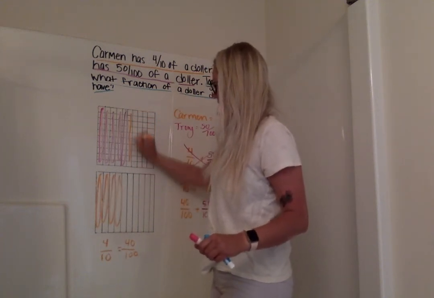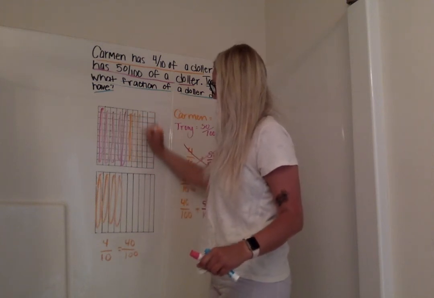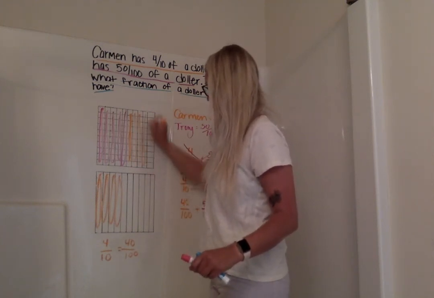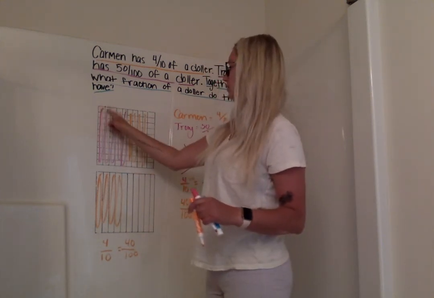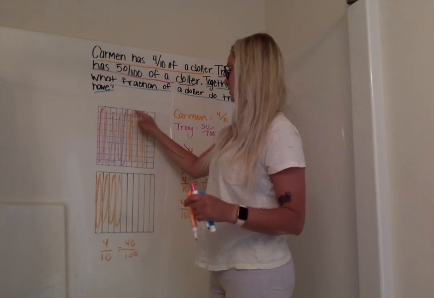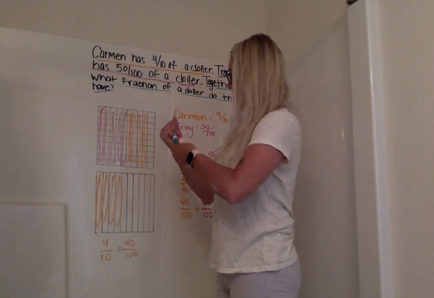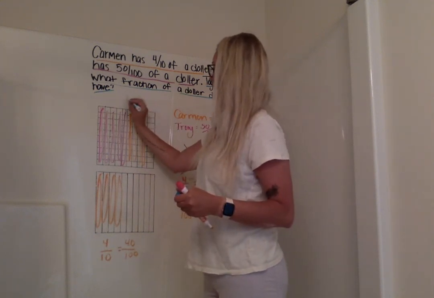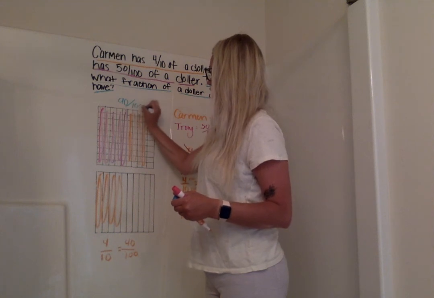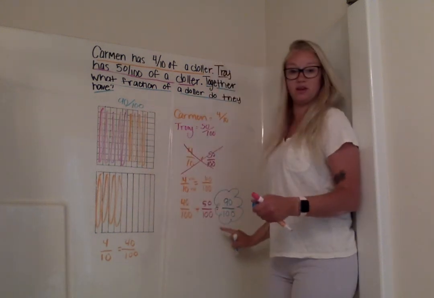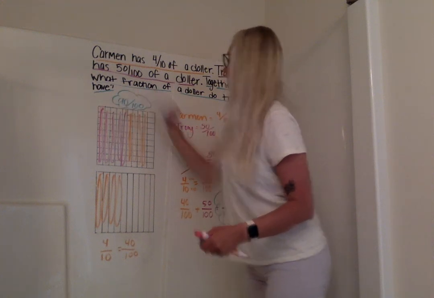Here's 10/100ths, 20/100ths, 30/100ths, 40/100ths of $1. That's 10, 20, 30, 40, 50, 60, 70, 80, 90/100ths. So we know that our answer is 90/100ths from down here and 90/100ths from up here.